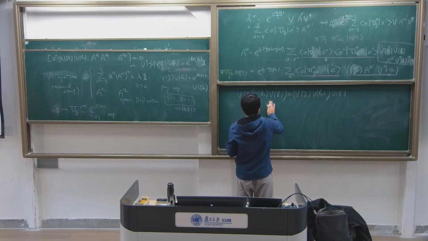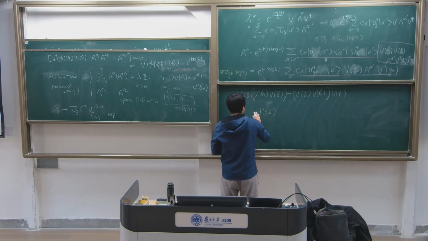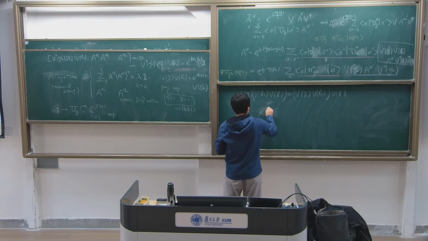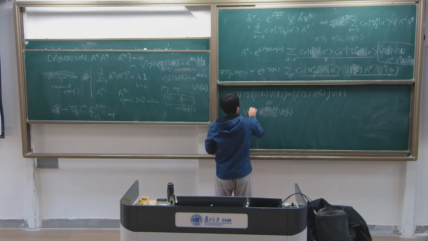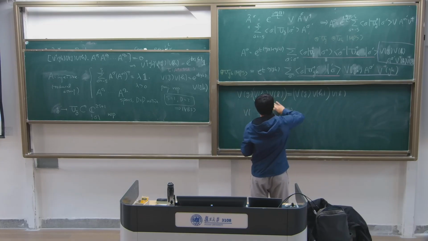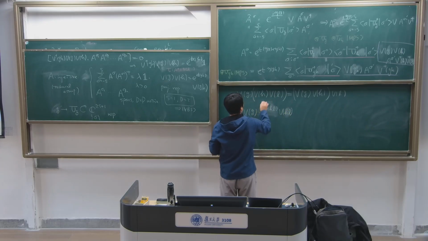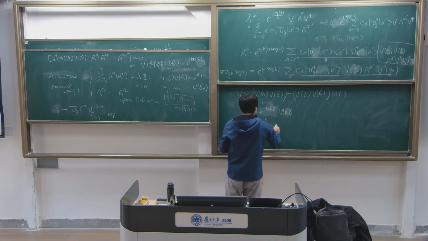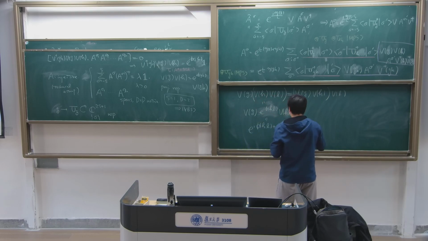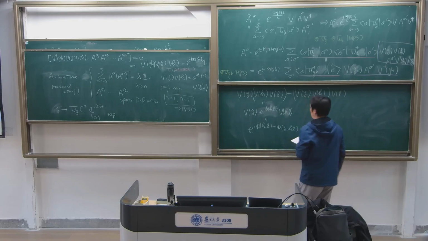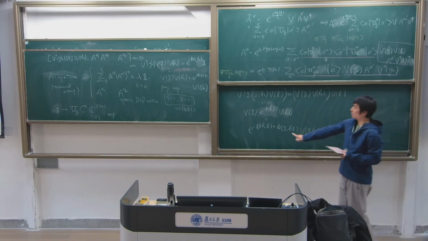The left-hand side is equal to B_GH, times, oh sorry, B_HG, times G. And this is equal to like this. So the phase factor becomes like this.